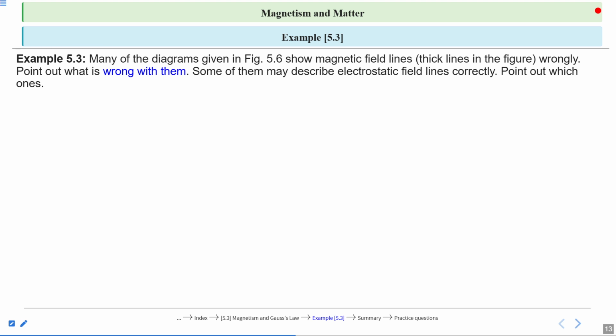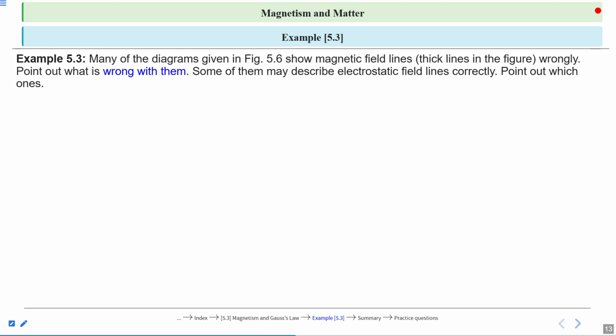So some of them may be correct for the electrostatic field but not for the magnetic field. Some of the cases show magnetic field lines wrongly, but they can be true if we replace magnetic field lines with electric field lines. So some of them may describe electrostatic field lines correctly, but not magnetic field lines.